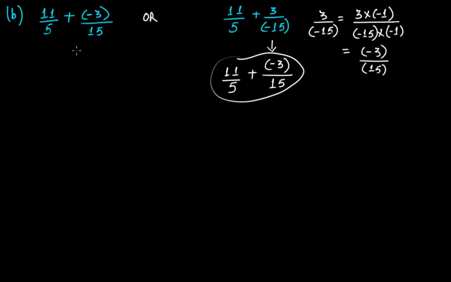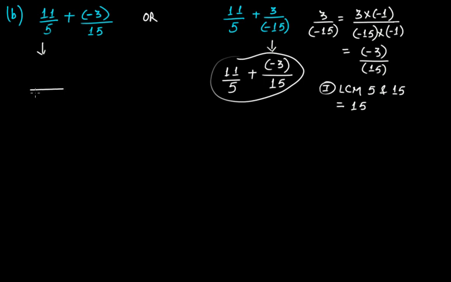Now here, the first step is what? Take LCM. So if you have to find the LCM of 5 and 15, what will it be? The LCM of 5 and 15 comes to 15, right? So you have to find the equivalent rational number of 11 over 5 such that the denominator is 15.